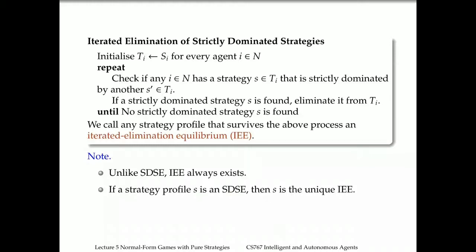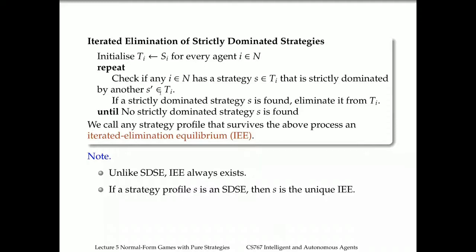It's a result of a procedure, in fact an algorithm. This algorithm will initialize the set of actions as the original set of actions for every agent, and then it iteratively checks for any action of an agent that's strictly dominated by another action.